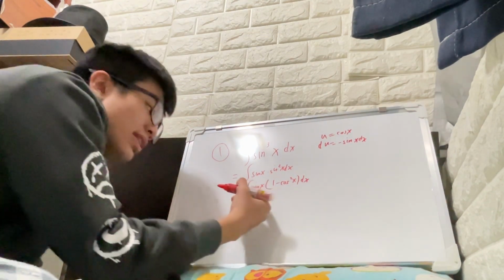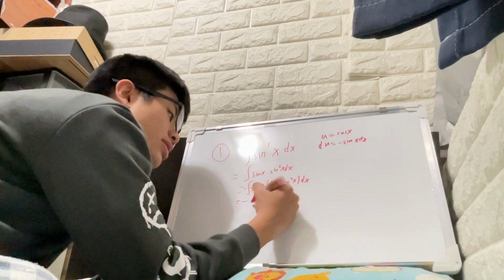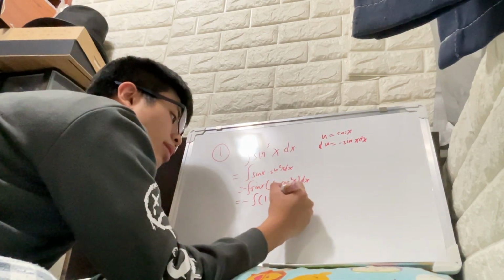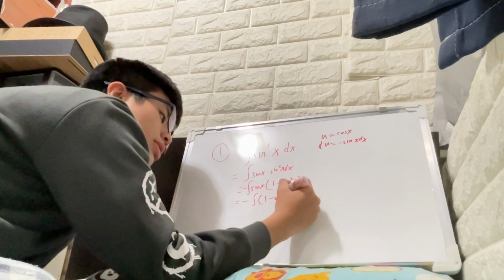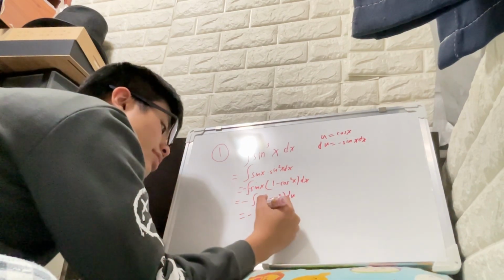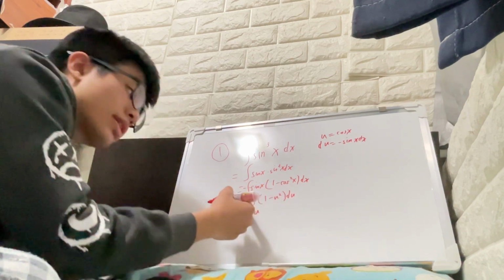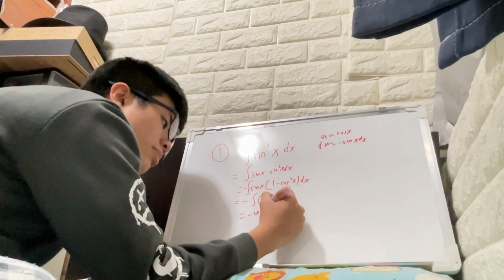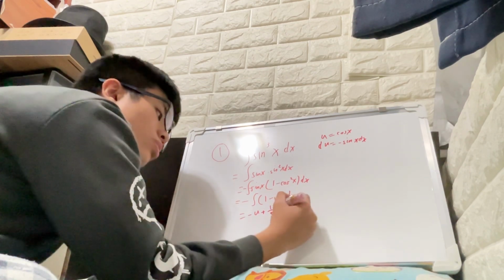So negative sine x dx is our du now, so you can replace it. So 1 minus cosine squared becomes u squared, and then du. So you get negative u, and then negative times negative becomes positive, plus 1/3 u cubed.